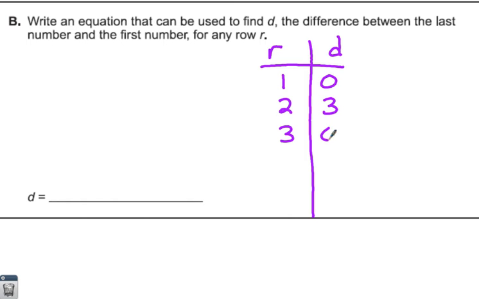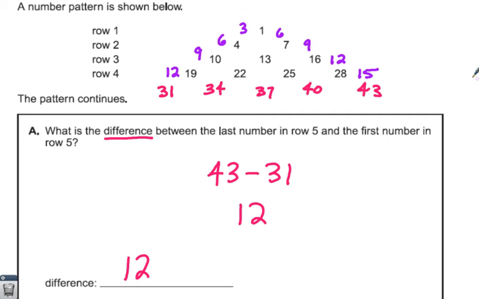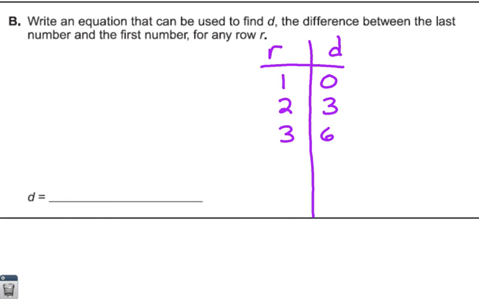So for row number 3, the difference is going to be 6. And for row 4, we got 28 minus 19. That is 9, which is, this is getting pretty predictable, isn't it?